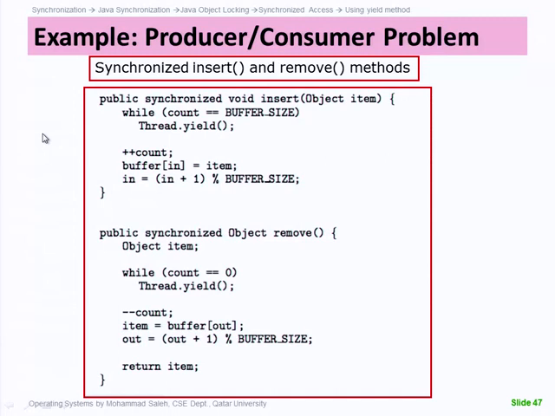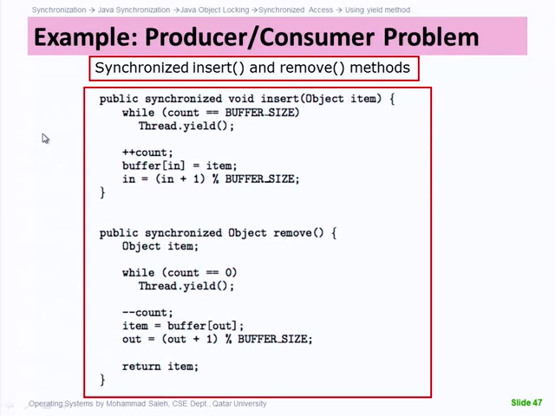To do so, we have the insert and remove methods called by the producer and the consumer, knowing that the producer calls insert and the consumer calls remove. We have seen that these two methods share something in common, which is an access to a shared variable, and that is count.